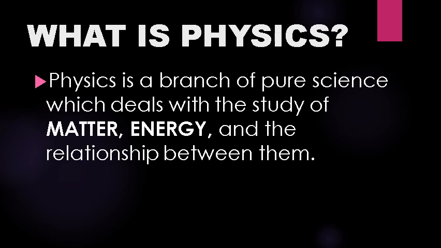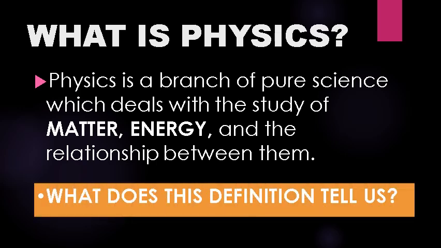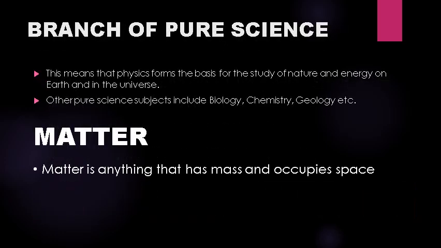So in this definition, what are the things we can pick out? We could see that physics is a branch of pure science. What does it mean? It means that physics forms the basis for the study of nature and energy on Earth and in the universe.